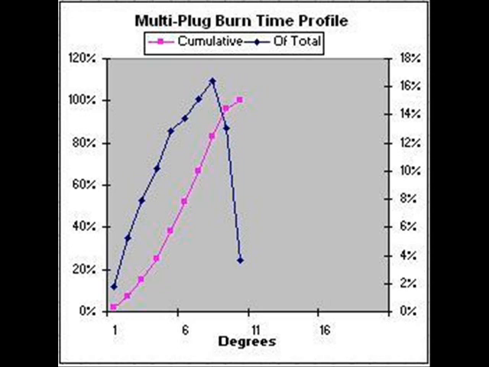Looking at the burn time profile for this arrangement, we find 2 things. First, the total burn time is reduced in half. And 2, the shape of the burn graph has changed, so that on average it burns more quickly earlier within that half, compared to the single spark configuration.